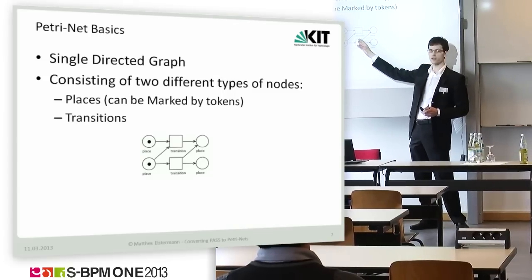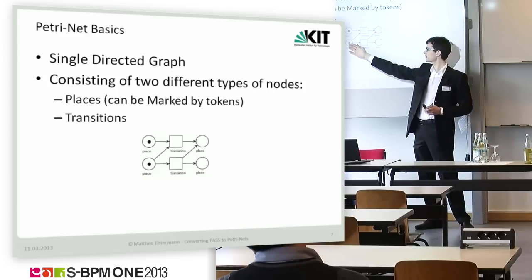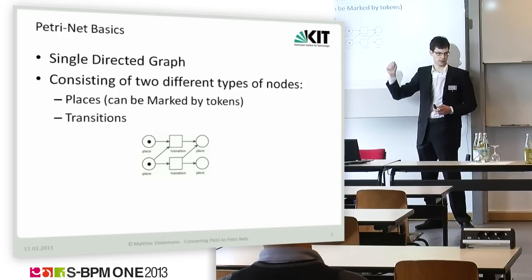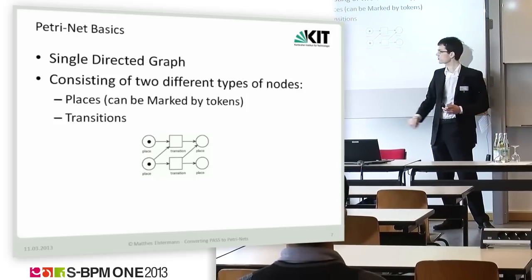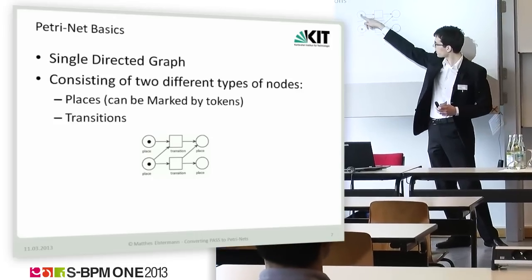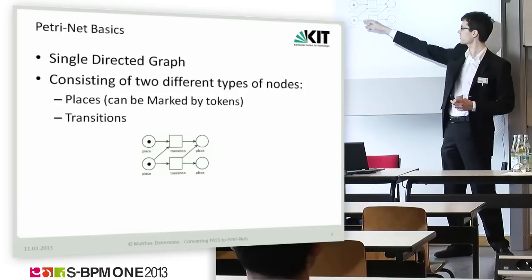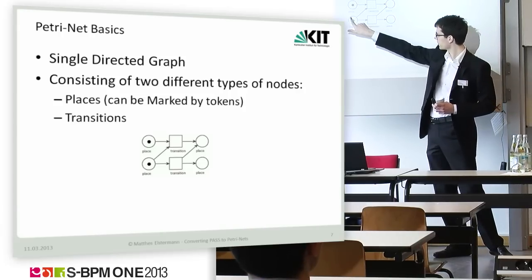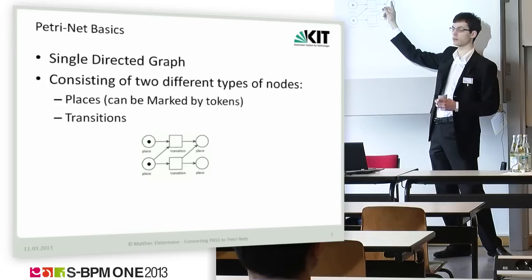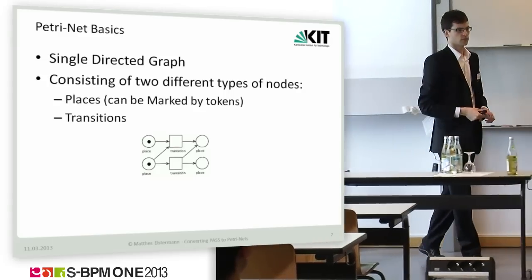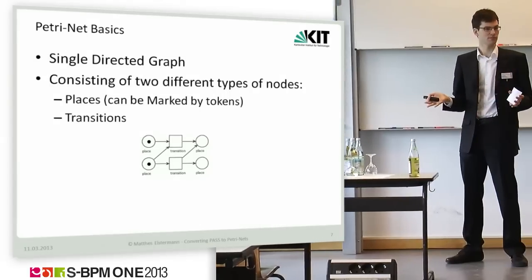Whatever this transition represents in a real process is executed, and it leads to the next state of the whole graph. The state of the whole graph is a certain arrangement of markings in the places. So if there are two marks or tokens on these two places, then it's one state, and if I execute this transition, the tokens from these places are taken away by the transition via the arcs, and one is placed on the next one. That's Petri-Nets in a nutshell, or does anyone disagree?